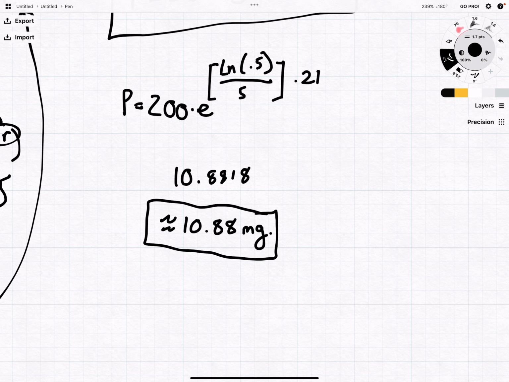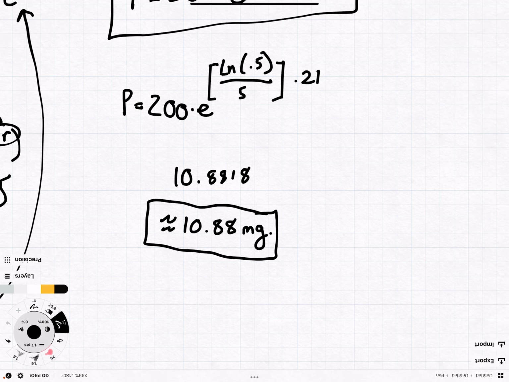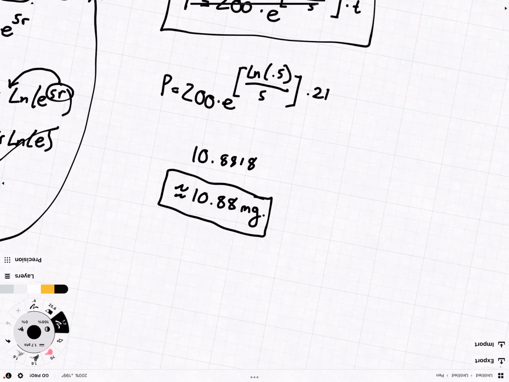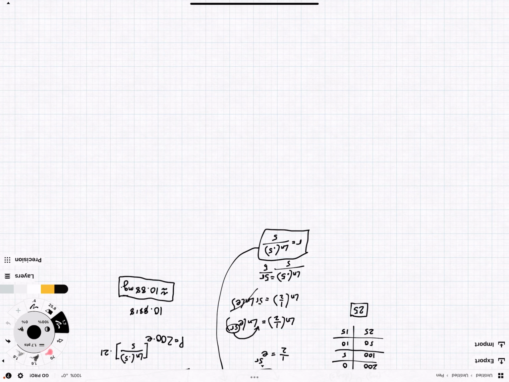Anyways. Next thing that we have, there's just going to be a little bit of noise because it says to use the graph to estimate the time required for the mass to be 1 milligram. So here we go, just getting the keyboard all set up. And what's our function?